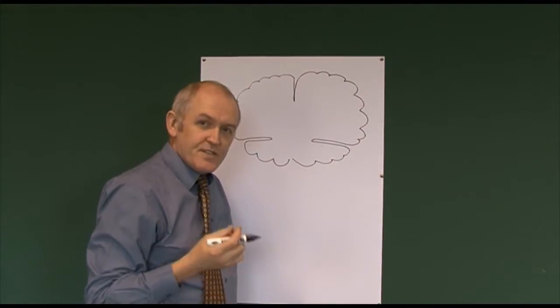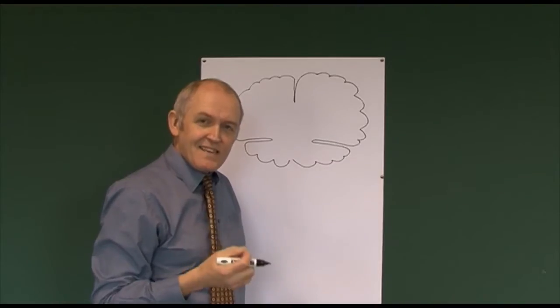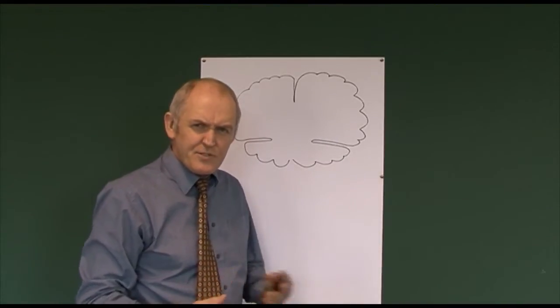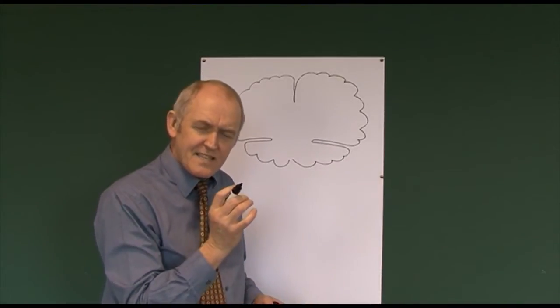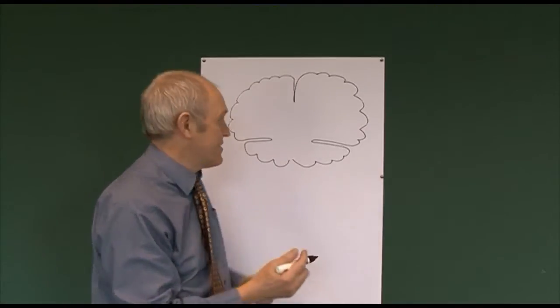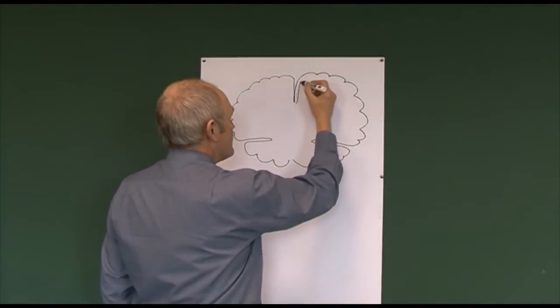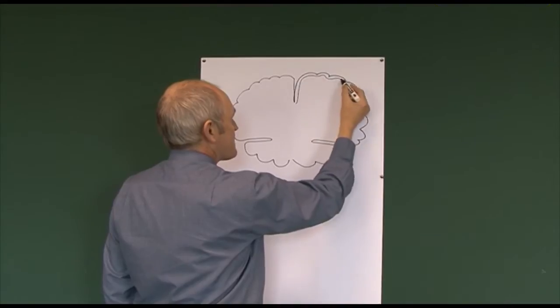Now, as we've mentioned, the cerebral cortex is a relatively thin layer. I think we said 2 to 4 millimeters thick. It's a thin layer around the outside of the brain. So this area here will be the cerebral cortex.